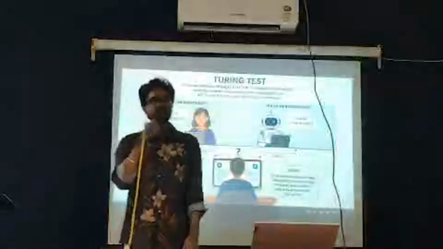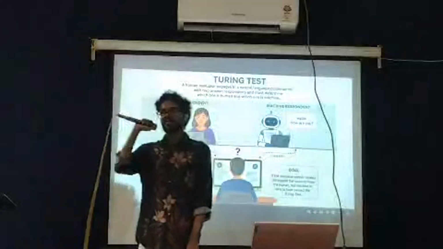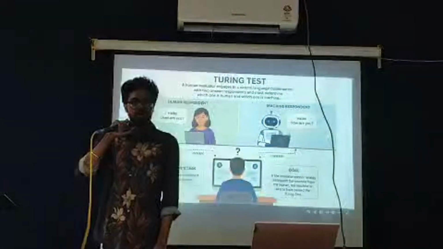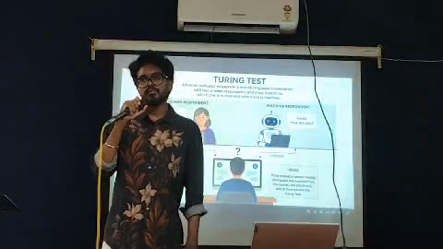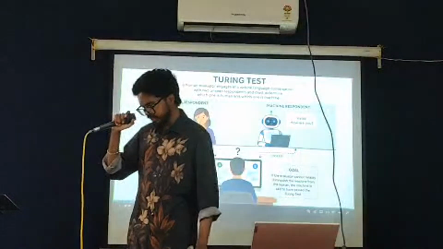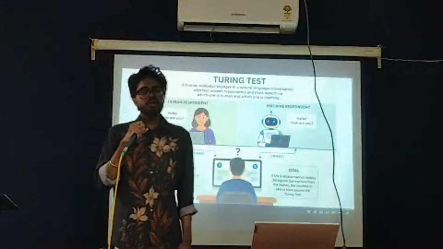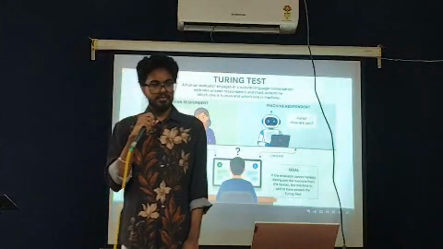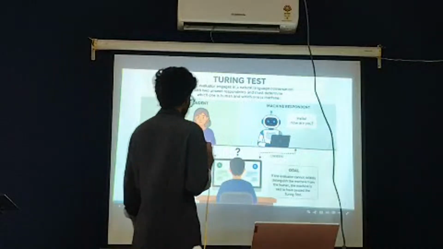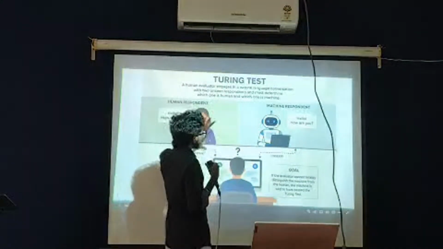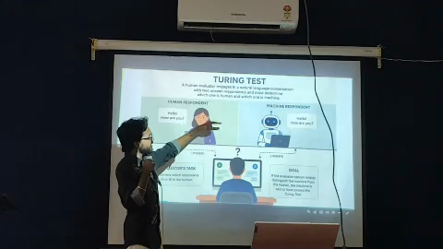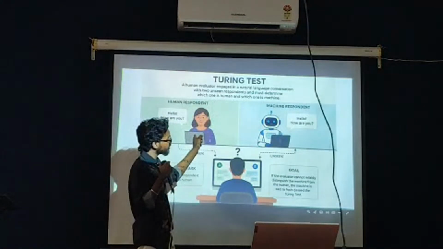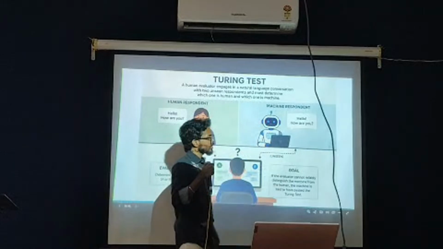Does anybody know the Turing test? Alan Turing had a question, right? Can computers perform intelligently like humans? So he designed a test. There are three rooms. One room has a human, and the other two rooms have a human and a computer.